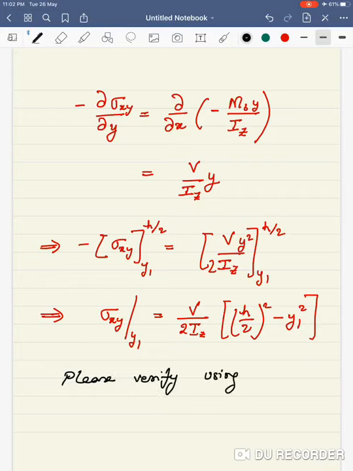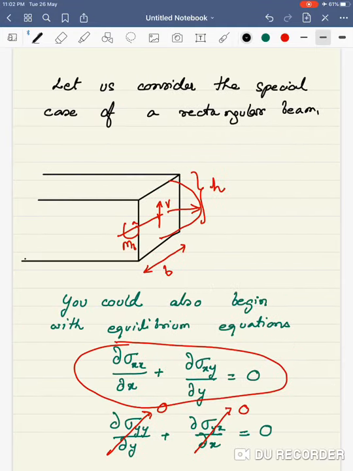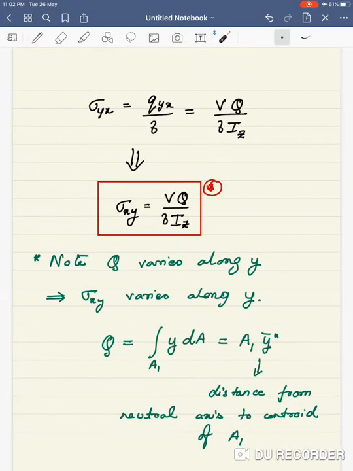using the previous form. Okay, and what I mean by previous form is this form, okay, which is sigma xy equal to vq b by iz.